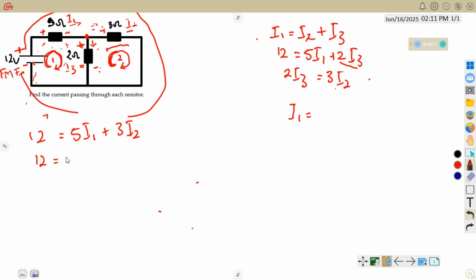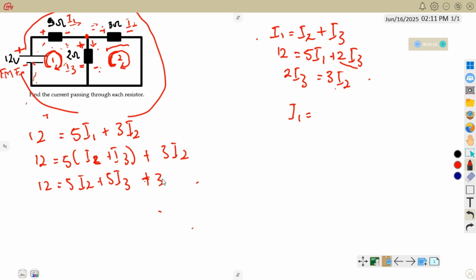So we have 12 to be equal to 5 into the bracket of I2 plus I3, plus 3I2. So we have 12 equal to 5I2 plus 5I3, and this is plus 3I2. So we have 12 to be equal to 8I2 plus 5I3, right?